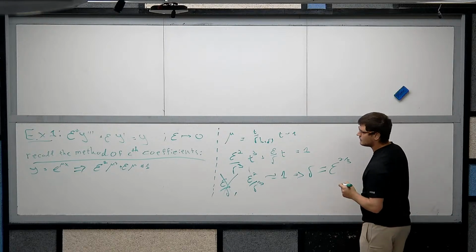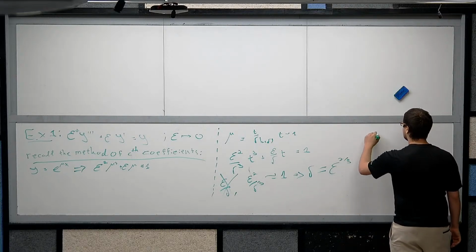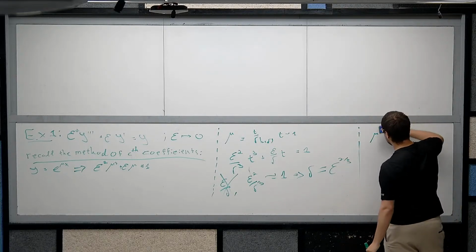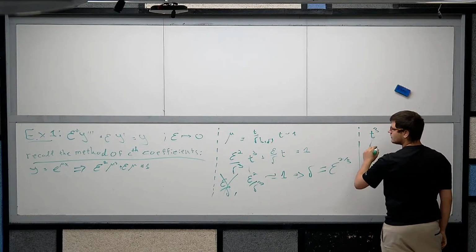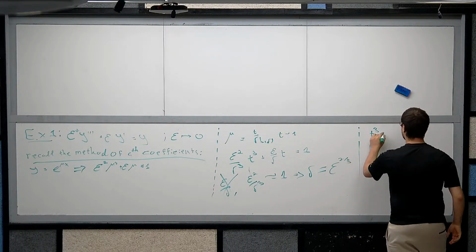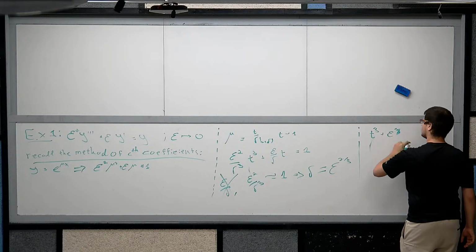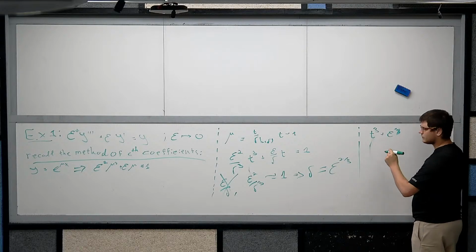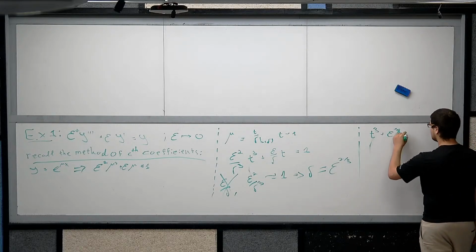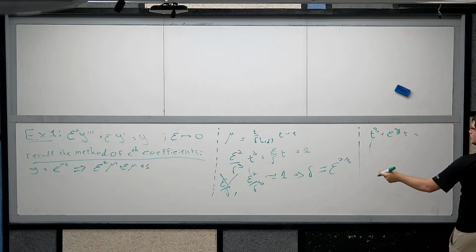We set it like that, and now what we are practically saying is, okay, now we have an equation with t to the 3rd power plus epsilon to the 1/3, and here we will have 1.